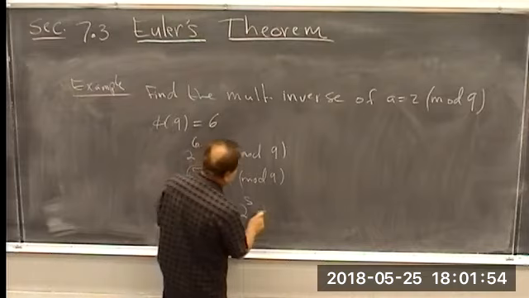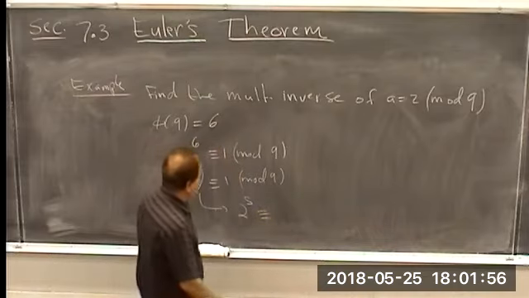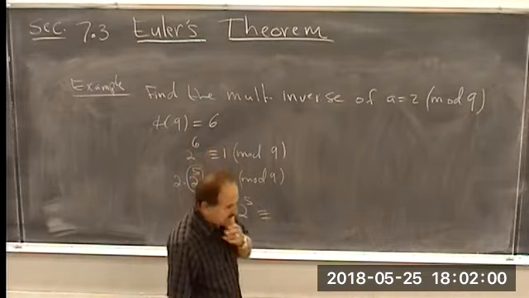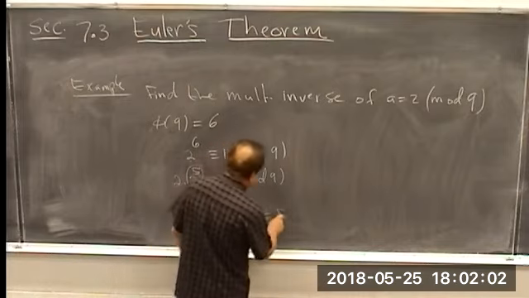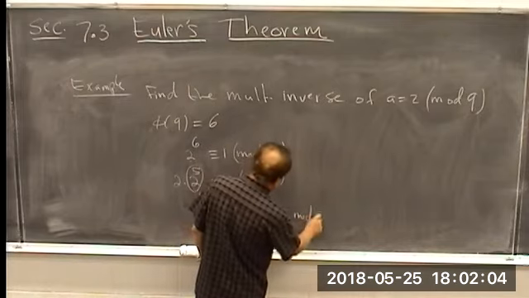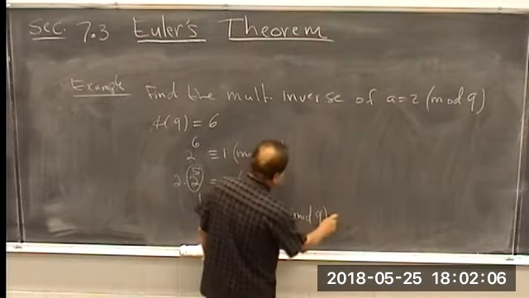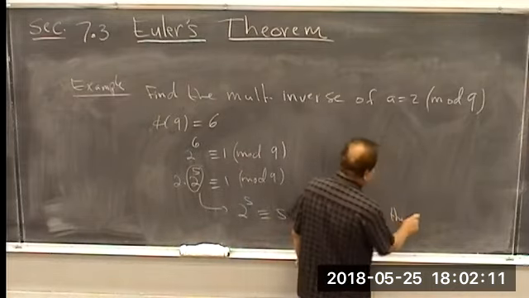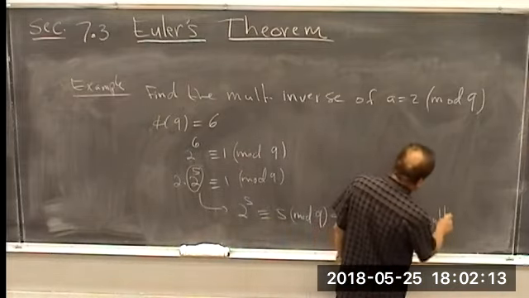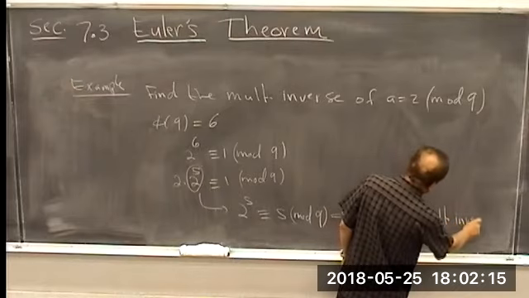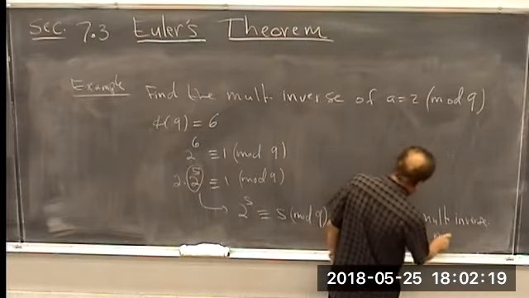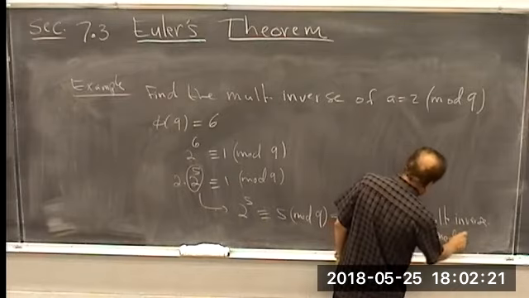But this one is congruent to 32 mod 9. This is actually congruent to 5 mod 9. So this implies 5 is the multiplicative inverse of 2 mod 9.